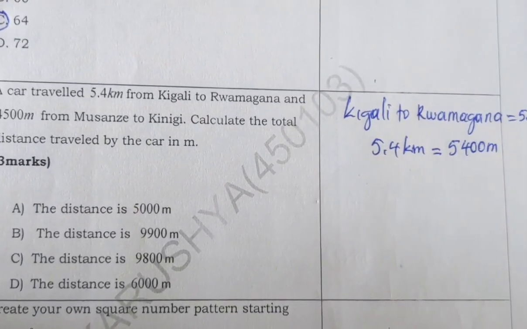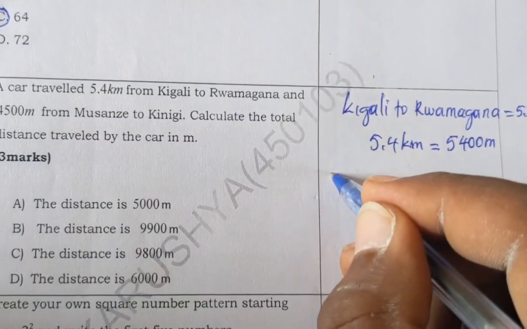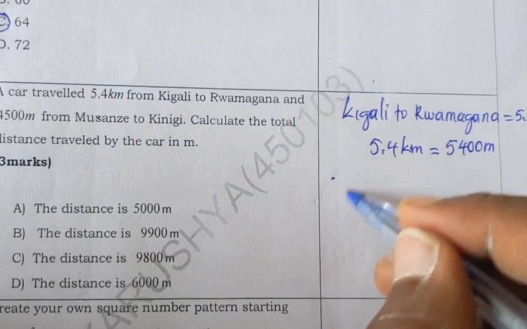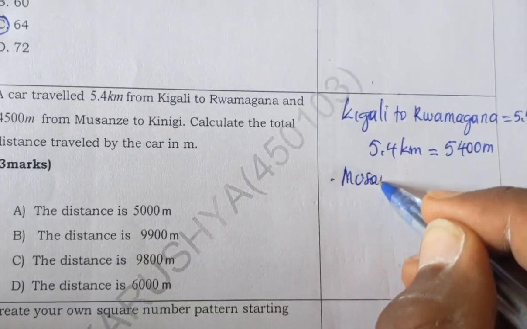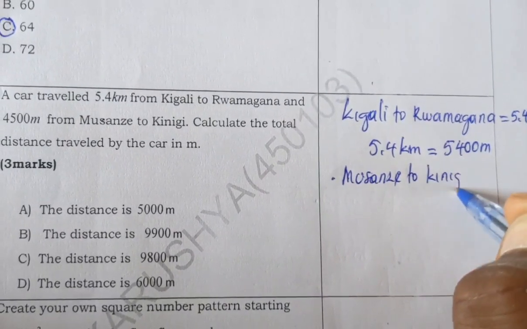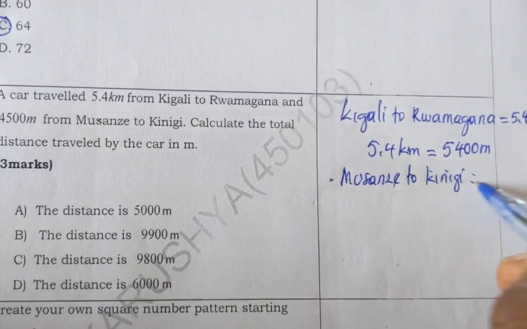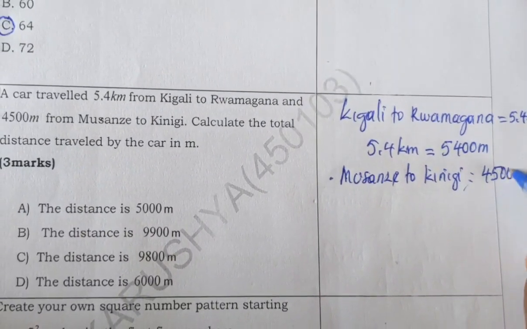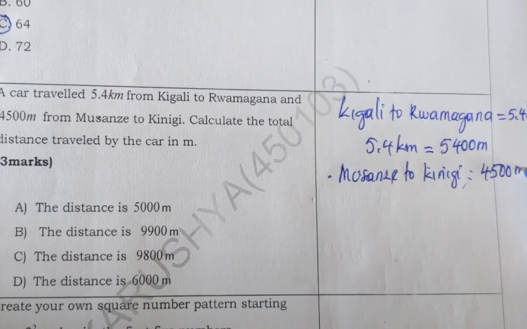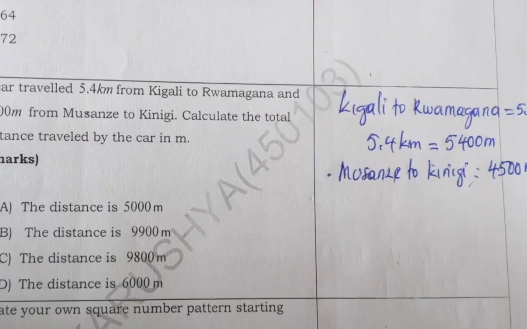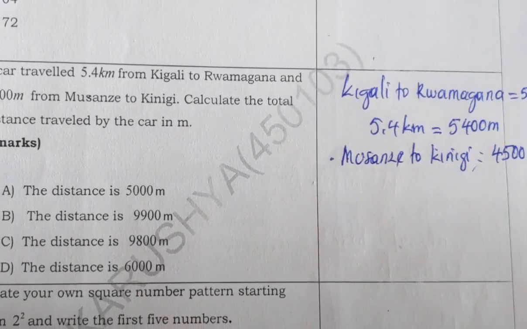And then once 5.4 kilometers is converted, it becomes 5,400 meters. And then the distance from Musanze to Kinigi is equal to 4,500 meters. And then they have asked us to calculate the total distance traveled by the car in meters.